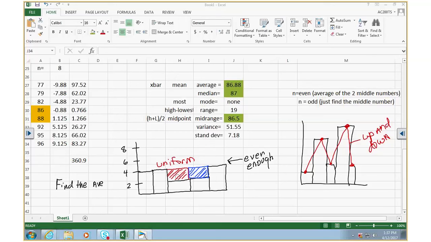And what number represents uniformity? That would be the average. So the definition of the average is the number that represents zero variance or uniformity.